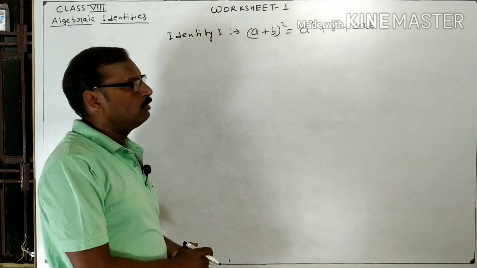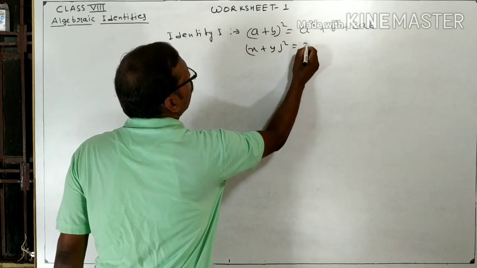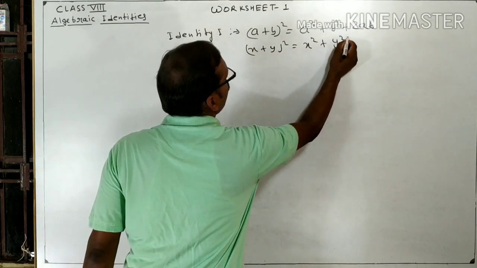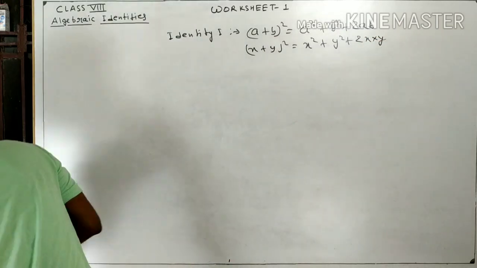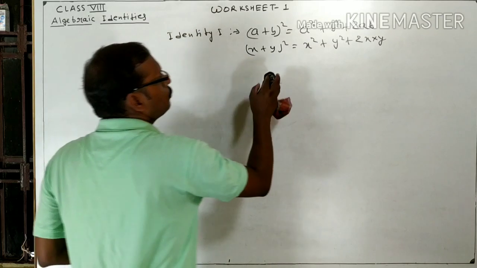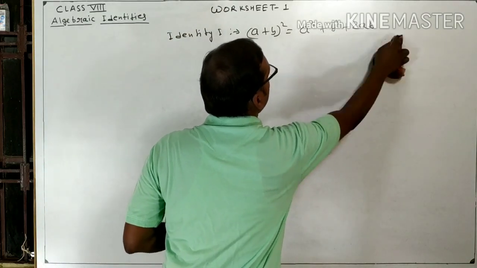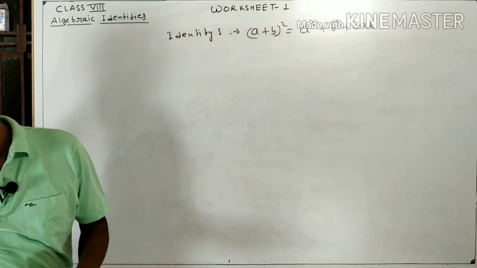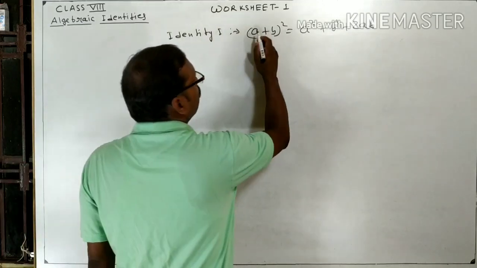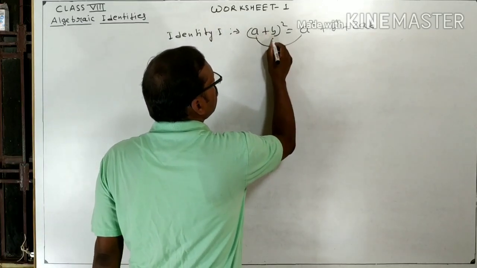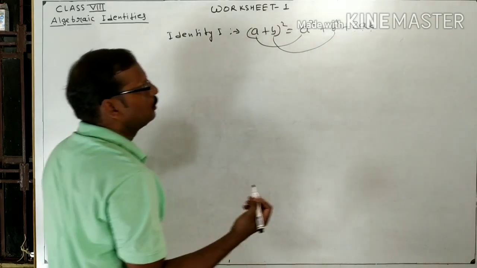We can also write (x plus y) whole square equal to x square plus y square plus 2 into x into y. You can write anything, but remember it like this: first number square plus second number square plus 2 into first number into second number.